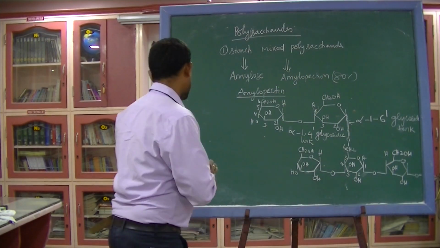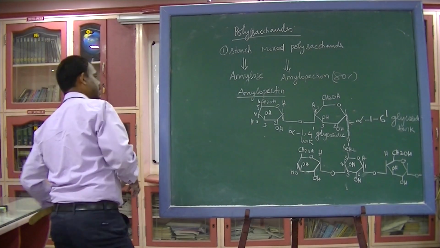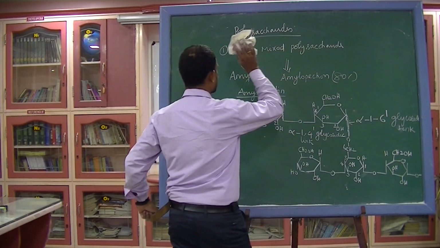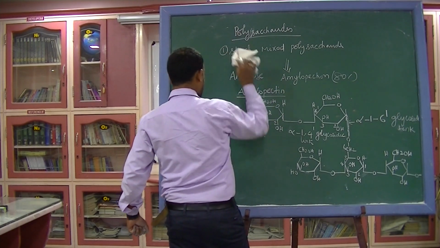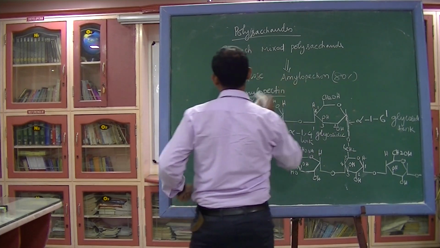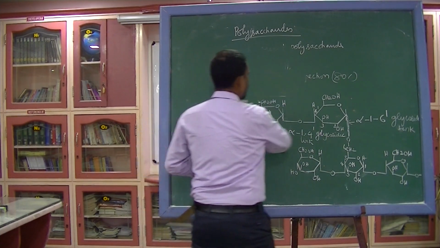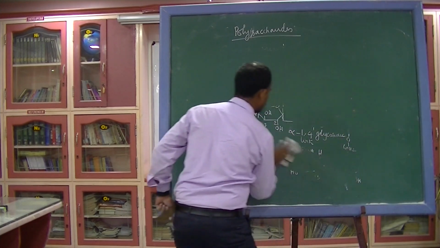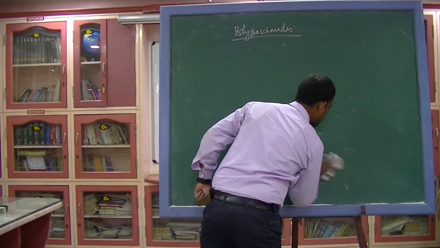So now the next example of polysaccharides is cellulose. As you know, cellulose is the structurally important part in plants. In cotton you have about 90% cellulose, am I right? Similarly, wood also contains cellulose.